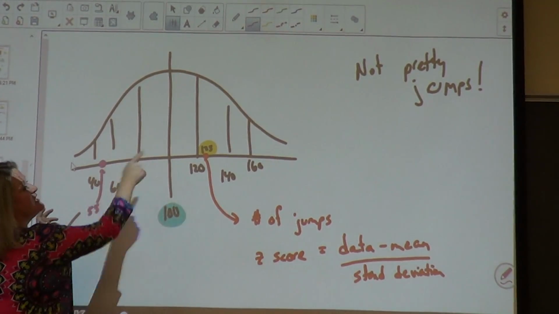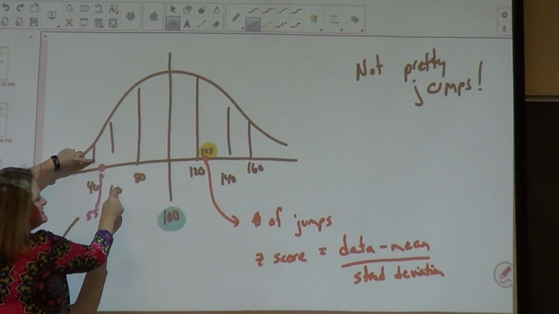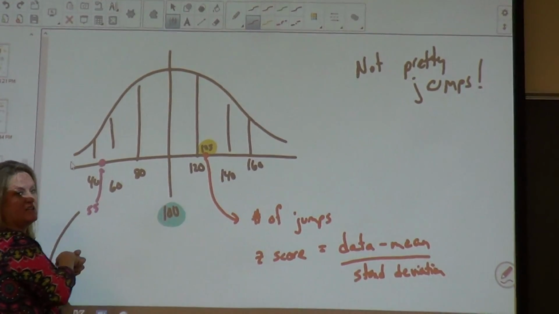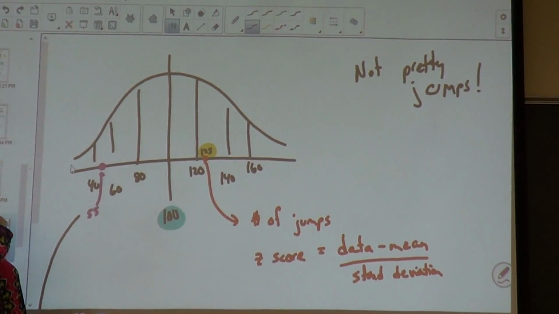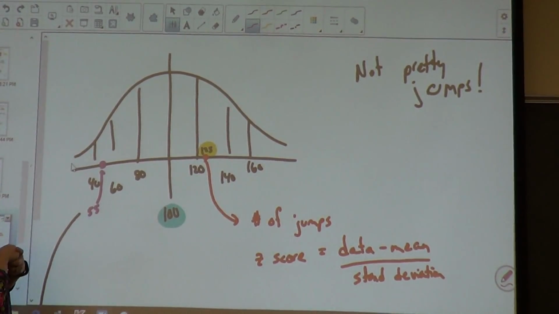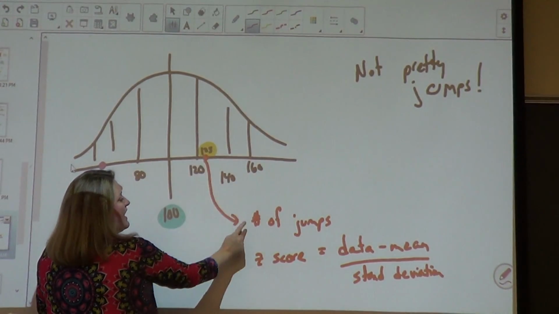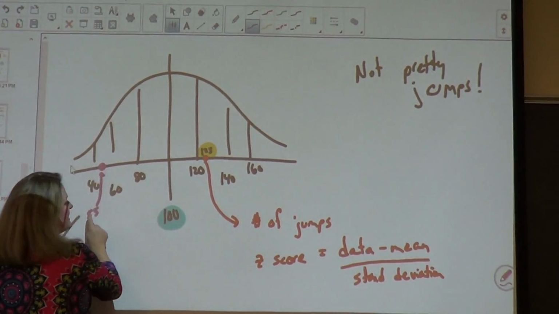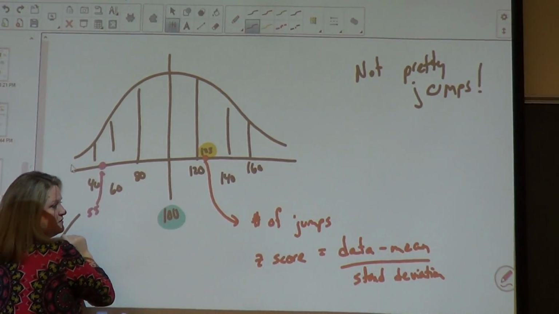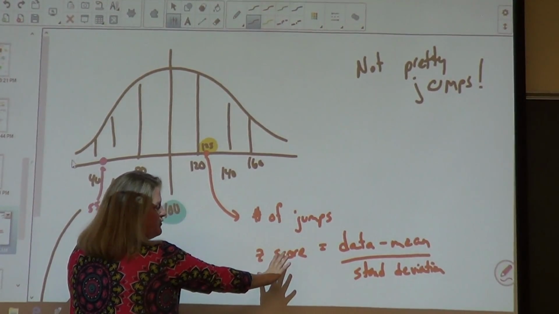Everything I've picked has always been 40, 60, 80, 100, 120. It's always been on the pretty jumps. I'm just going to mention it, because we have like 3 minutes left, but we're going to talk more about this next time. If you have a number that's not pretty, like the 2 numbers that were not pretty, 55 and 125, there's a formula, and it's on your formula sheet.